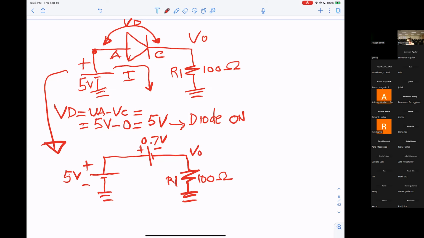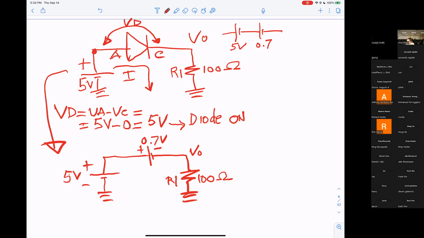Now you get a battery in series. Five volt, 0.7 volt.